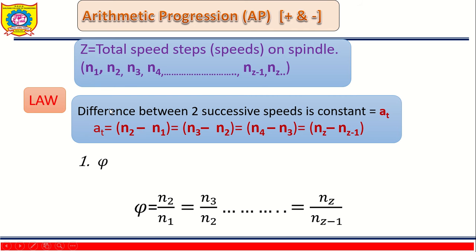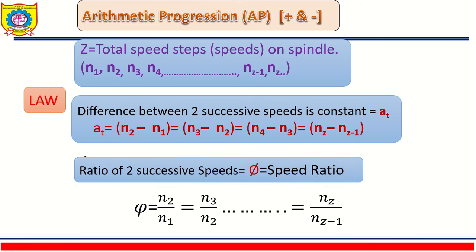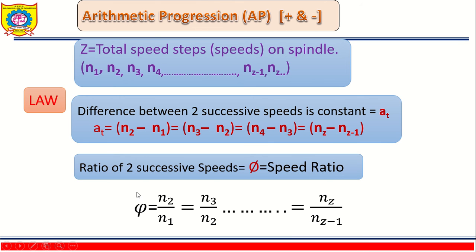The law states that the difference between two successive spindle speeds is constant, like n2 minus n1 is equal to n3 minus n2. And we have the formula for the ratio of two successive spindle speeds, that is the speed ratio phi: phi is equal to n2 upon n1, equal to n3 by n2. So this is the arithmetic progression.